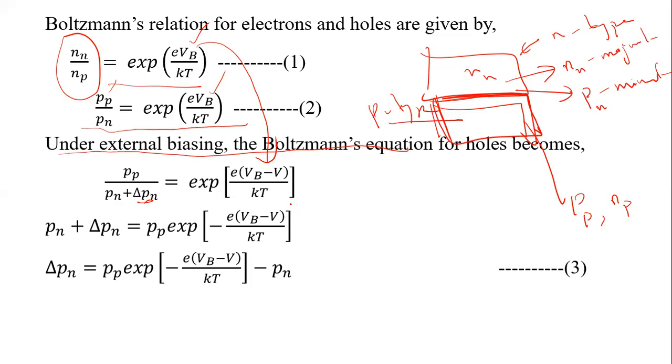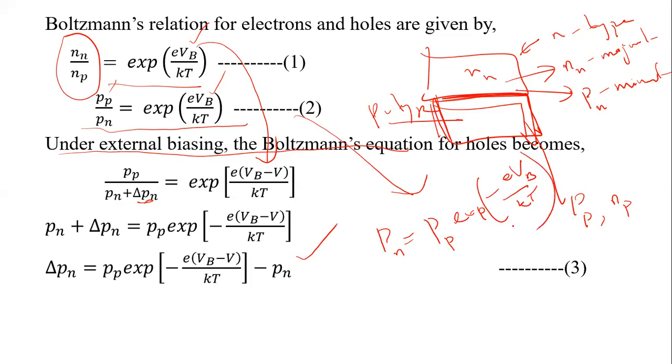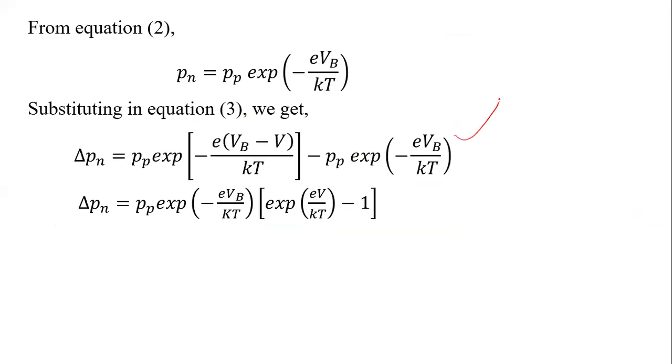Here you can do some simple mathematics, transferring terms and multiplying, and then this is what you will get. From this relation, Pn can be written as Pp exponential of minus eVB upon kT. Then you substitute this Pp value in place of Pn, you get this expression, and if you take the common factor, this is what you will get.